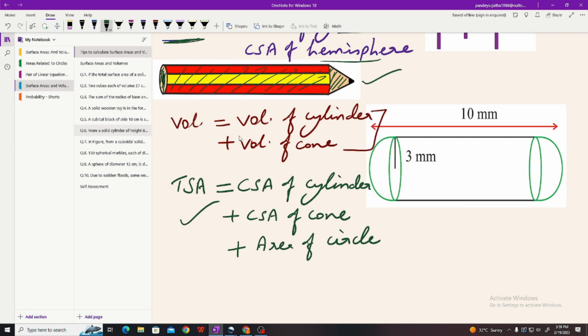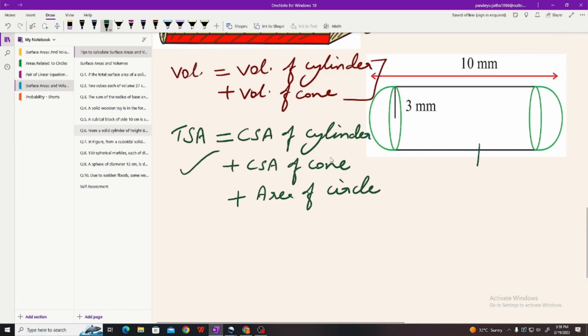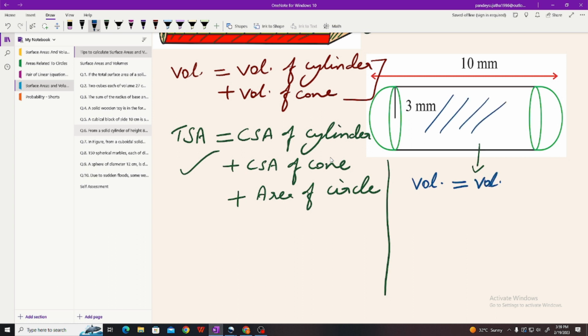So just now see the next figure. For this figure, to find the volume, it is volume of cylinder plus volume of one hemisphere and the volume of the second hemisphere.